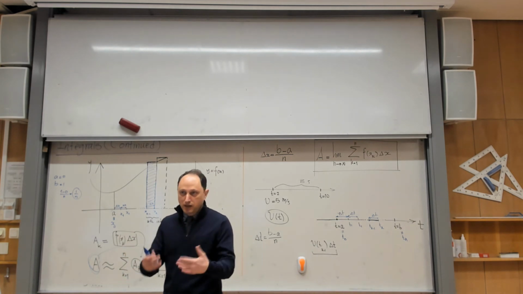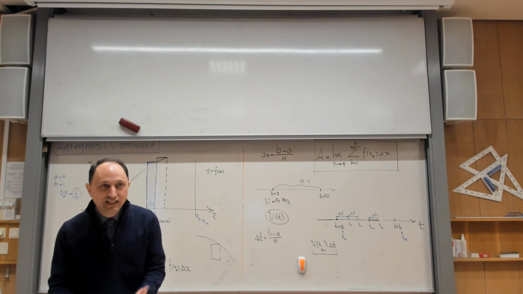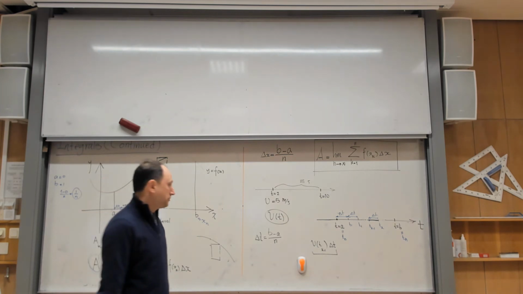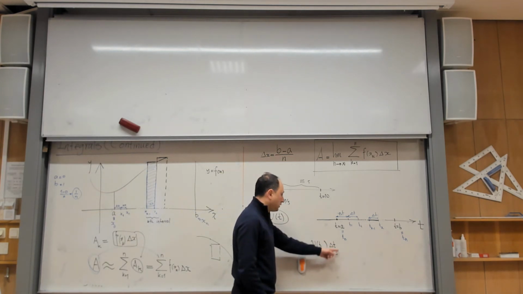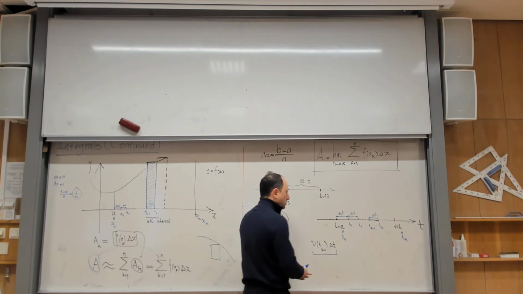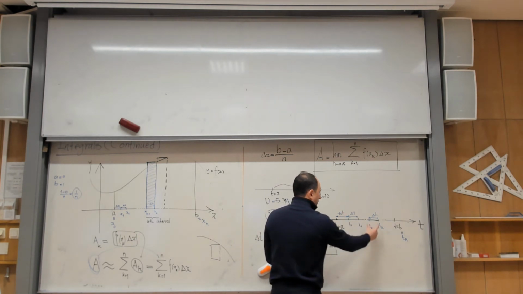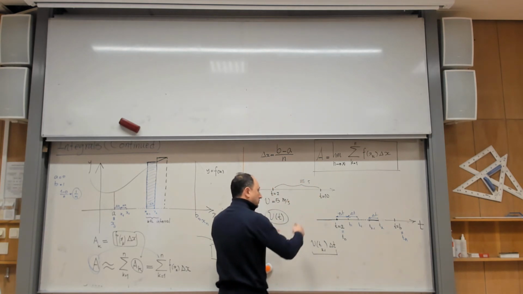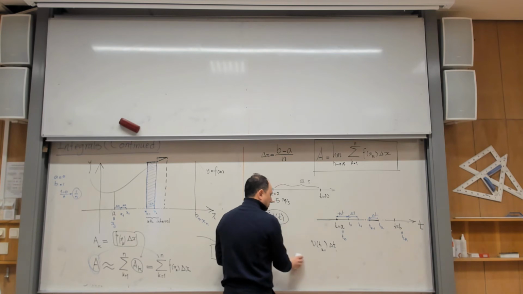But the method that I'm using to solve both is identical. Yes? So if I ask you what this is, you will tell me this is the distance traveled by my particle approximately on this time interval. And if I am interested in the whole distance traveled, what do you do? You just add them up, yes?